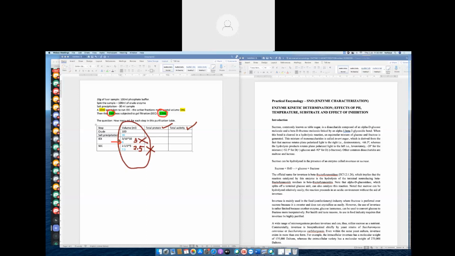But we need to remember that from the previous IEX step, we will get 9 mil. That's why we need to multiply by 9 here, so that we get the size exclusion chromatography result for 9 mil. Is it okay?